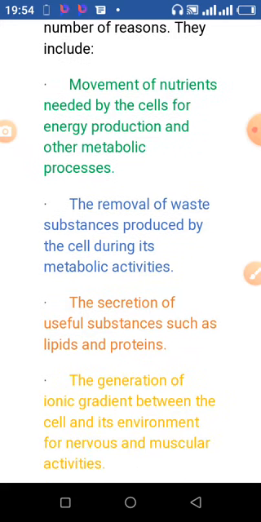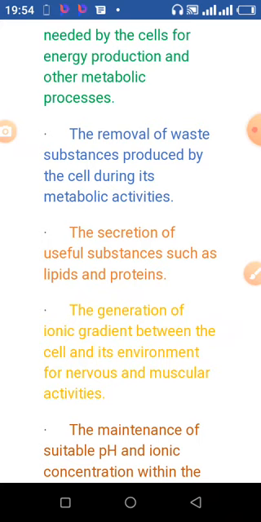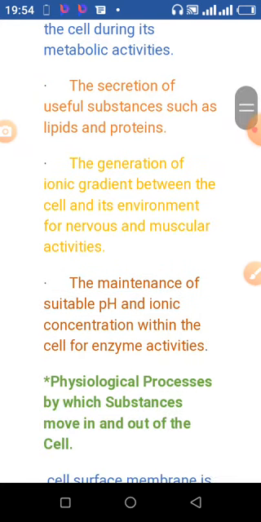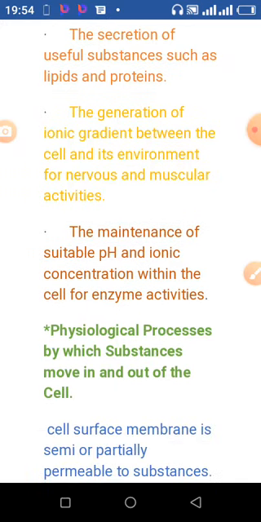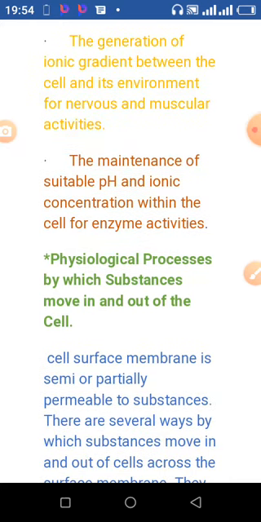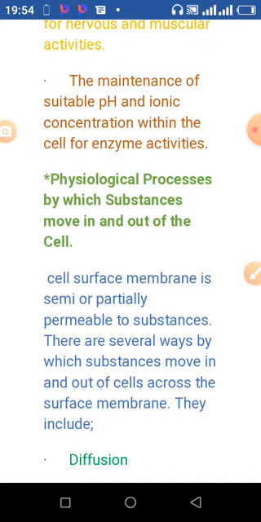Substances move out of the cell for the removal of waste substances produced during its metabolic activities, and the secretion of useful substances such as lipids and proteins. Also the generation of ionic gradient between the cell and its environment for nervous and muscular activities, and the maintenance of suitable pH and ionic concentration within the cell for enzyme activities.